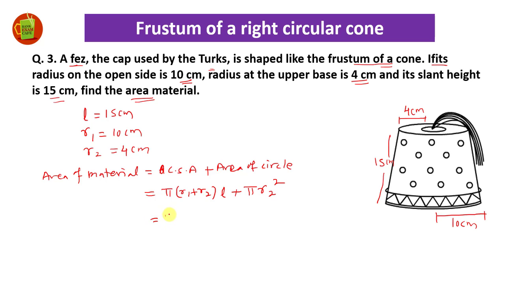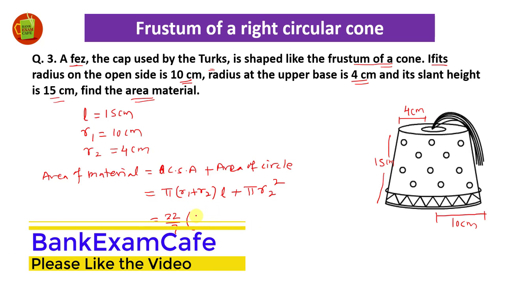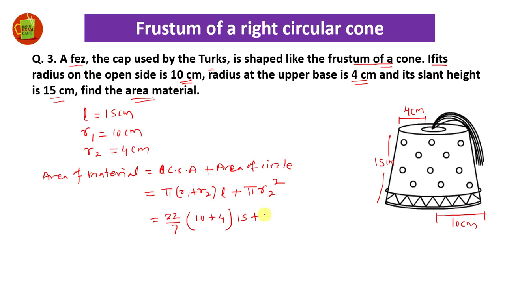So which is equal to 22 by 7 into bracket r1 plus r2, that is 10 plus 4, into slant height, that is 15, plus again pi, 22 by 7, into r2 square, that is this 4 square. So which is equal to 22 by 7 is a common factor, so take it out as a common factor.